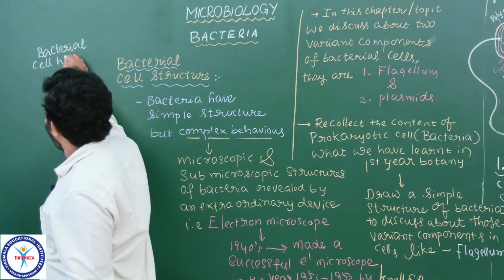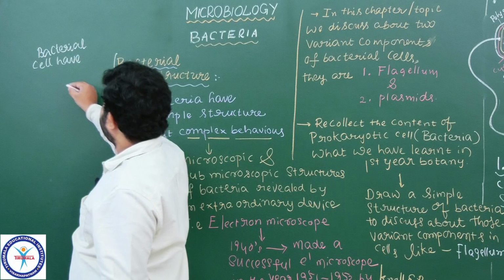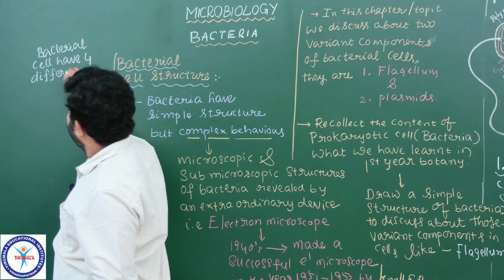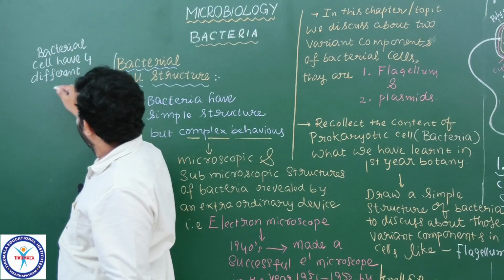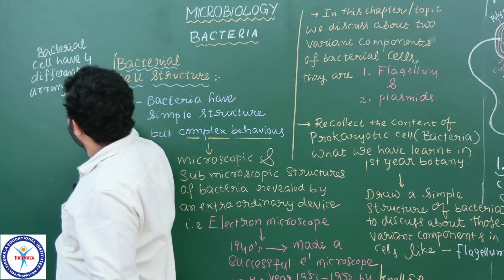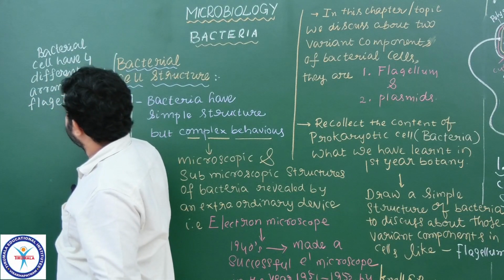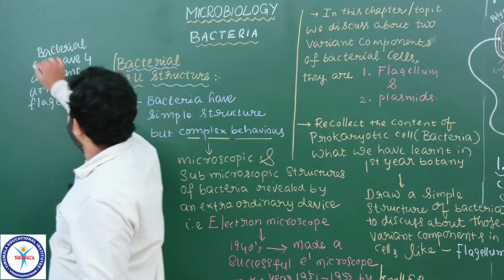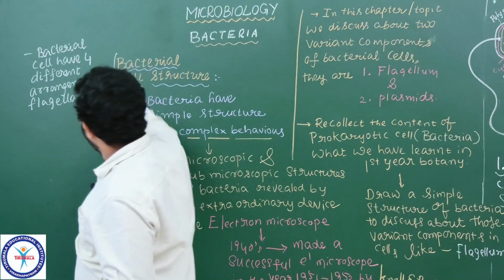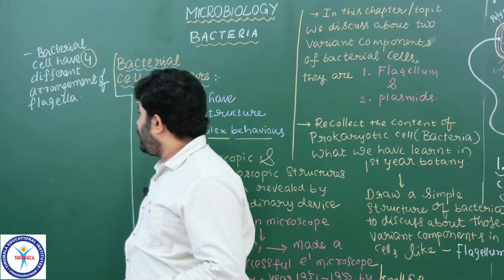Bacterial cells have four different arrangements of flagella. So here we will discuss all those four things. How many different types of arrangements of flagella do we see in the bacterial cell? That is four different arrangements.